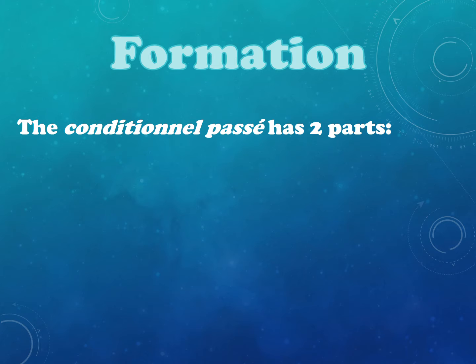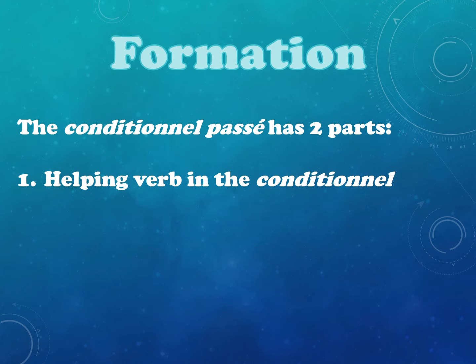The conditionnel passé has two parts, and I bet if you think really hard, you can figure out what the two parts are, because this is very similar to what we have discussed with the plus que parfait and the futur antérieur. The first part is the helping verb, and the helping verb is going to be in the conditionnel.